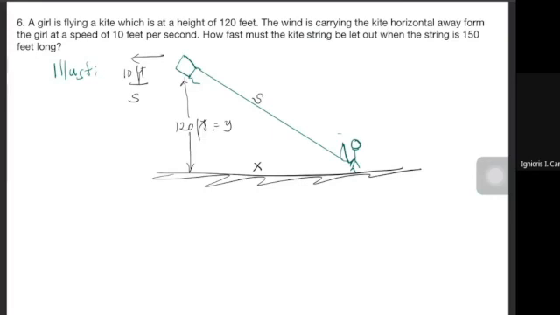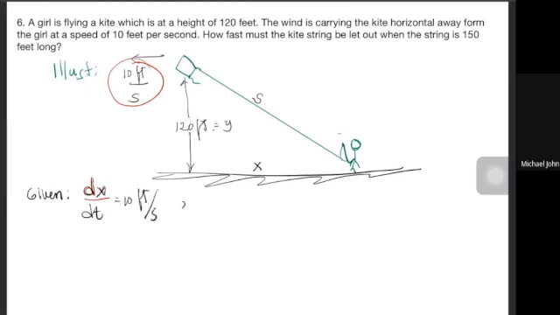And what is this? If you're going to write the given information, how do you label this? Yes, Michael? "The 10 is the change of x with respect to time." Yes, very good. So we have dx/dt equal to 10 feet per second.